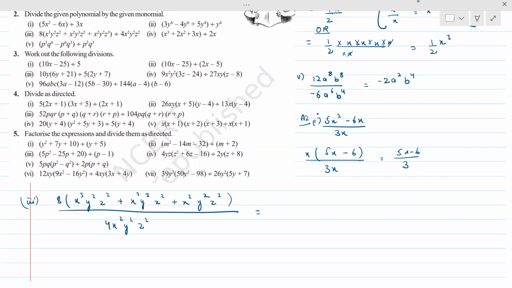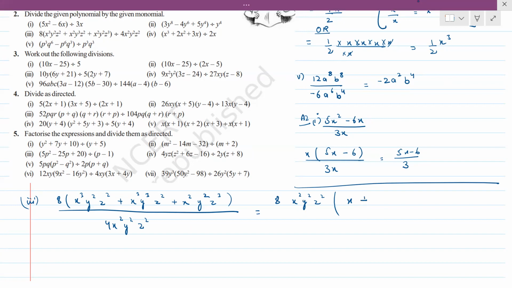We can take similarly here the common parts. 8 is already outside. From all these, we can take x square, y square, z square outside. And remaining it will be x, y, x only, because y square, z square is outside, plus x, y here, plus z here.